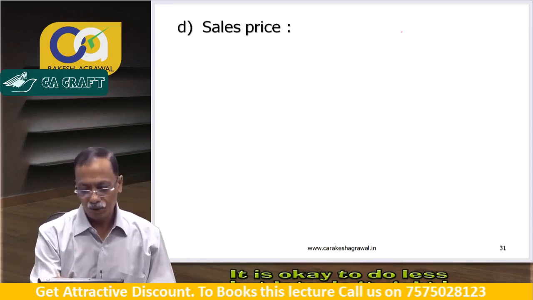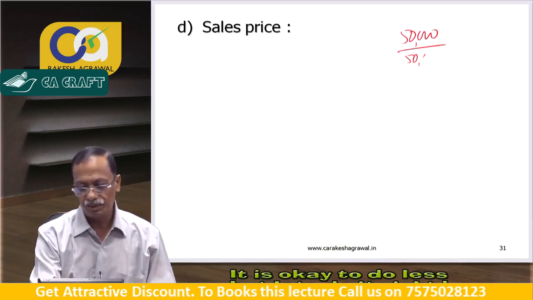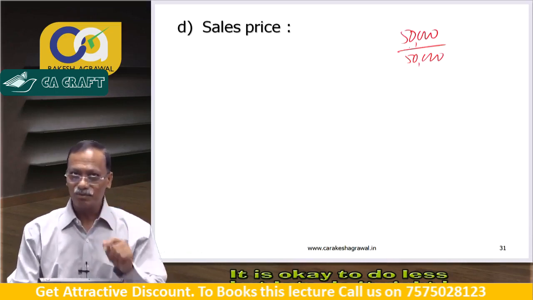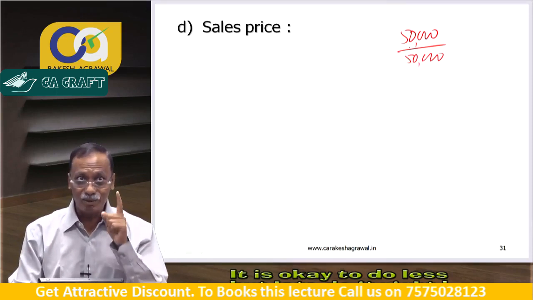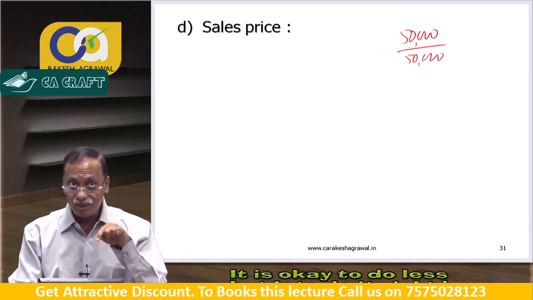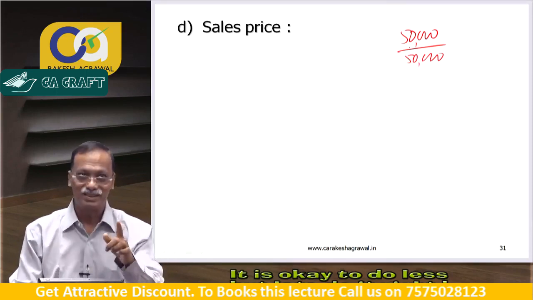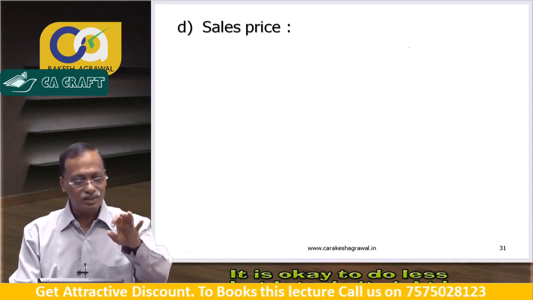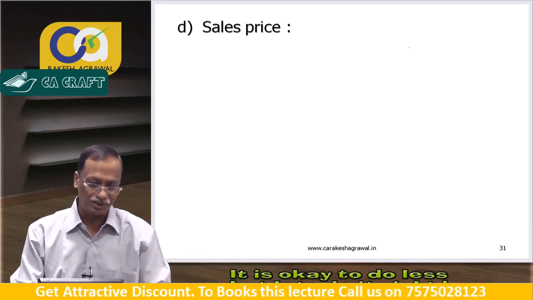Why? Total profit increase required is 50,000 divided by 50,000 units. See, by increasing the sales price, variable cost will not increase. Variable cost will increase only with increase in quantity, not with increase in sales price. So whatever is the increase in sales price, same is the increase in profit.